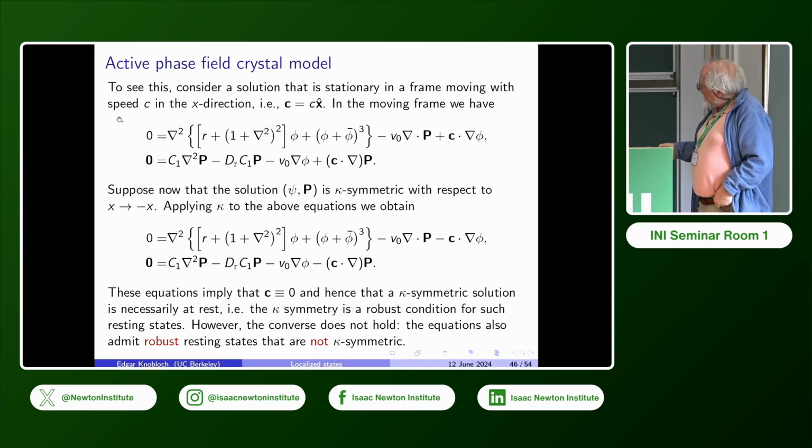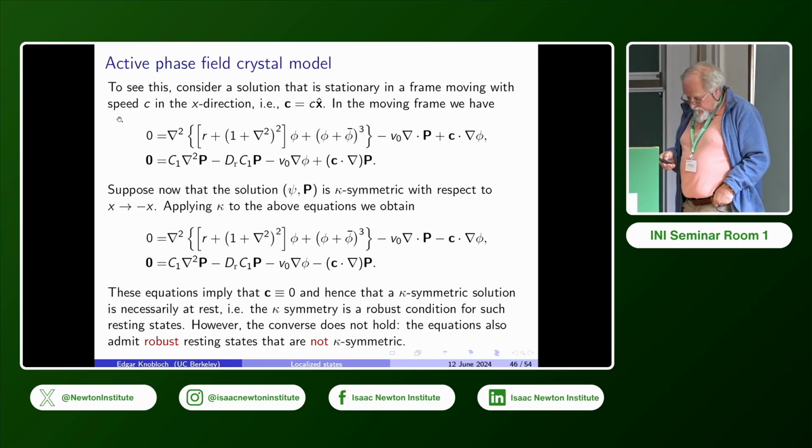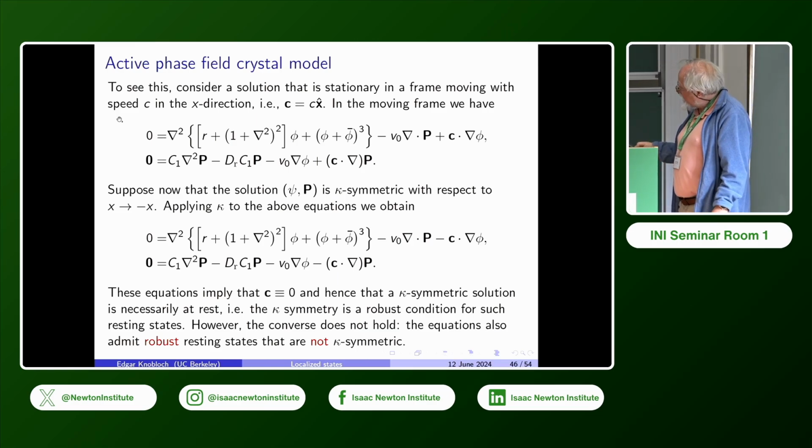Now, if kappa is a symmetric solution, it satisfies those symmetry properties on the previous line, then for example, the divergence of P here, that is unchanged. Why? Because P changes sign and X changes sign. This is unchanged because phi doesn't change sign, and these are all quadratic things.